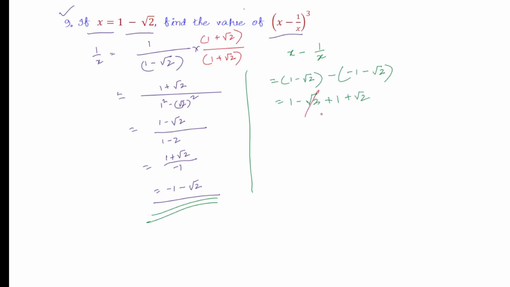So minus root 2 plus root 2 get cancelled, and we will get 1 plus 1 equal to 2. And therefore the value of (x minus 1 by x) whole cube is equal to 2 cube, which is equal to 8.